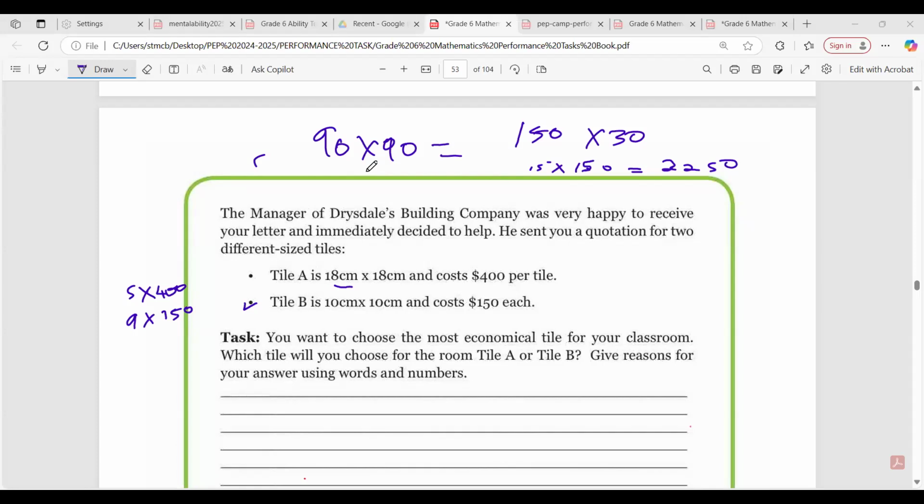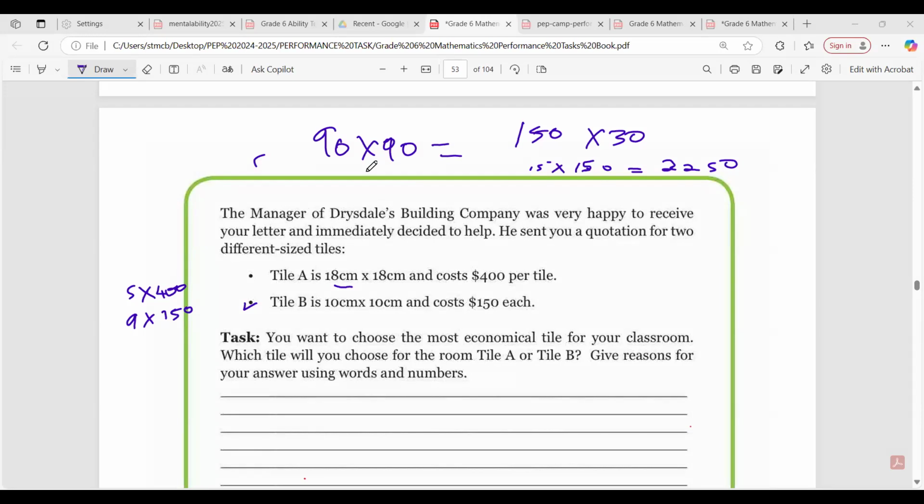Because I was just seeing which one would have cost more, I did the other one, 18 by 18. Because 18 couldn't go into 150, I just add up the 150 and the 30 and I get 180. And then I put the 108.